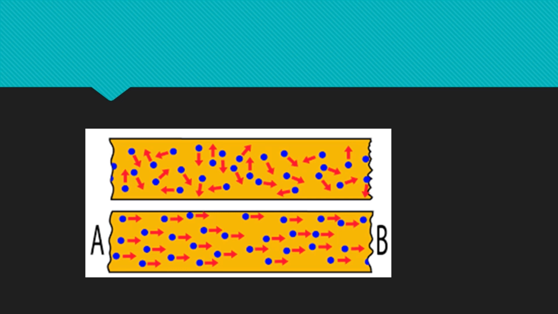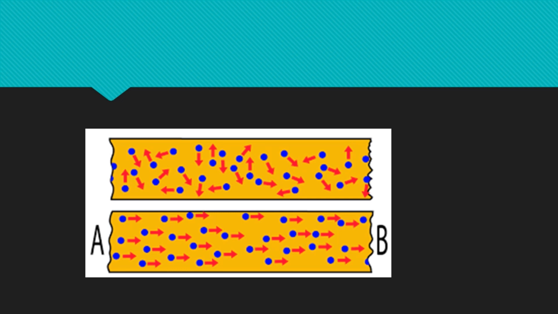Due to this collision, the speed of electrons decreases, but again they are accelerated due to the existing potential, and at last they reach the other end. So due to this collision, the electrons do not move in bulk with a continuous increase in speed.